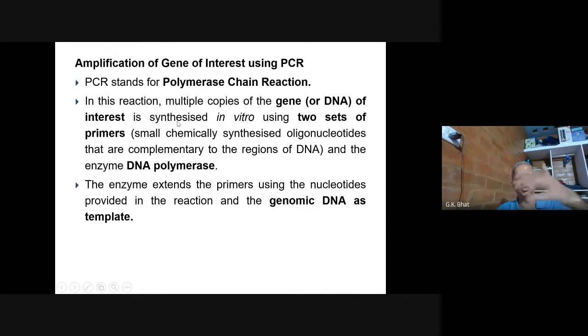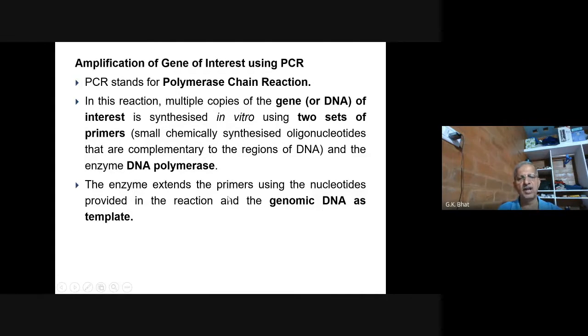We are making multiple copies because we cannot go on removing the gene again and again from the organism in which we are interested. Once you get a little bit of this gene of interest, we have to be in a position to multiply it. It is a synthesis in vitro, in a test tube or petri dish, using two sets of primers and the enzyme DNA polymerase.